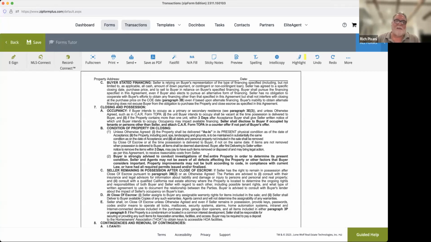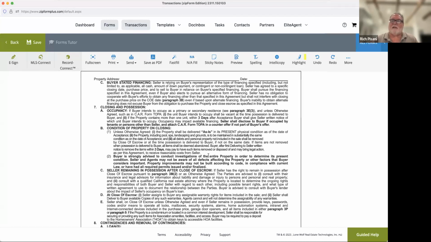Buyer stated financing. I get more questions about this than anything else. Buyer says they're going to do a cash loan, they're going to do all cash. Then suddenly they want to go for a loan. Well, they can do that. Sellers relying on buyer's representation of the type of financing, including but not limited to all cash, amount of down payment, or contingent or non-contingent loan.